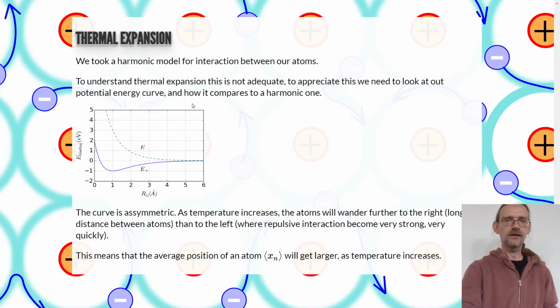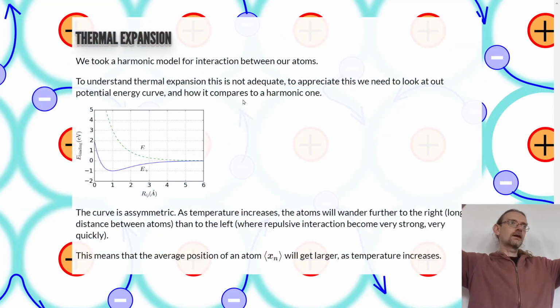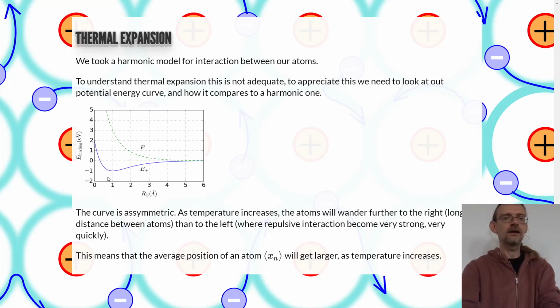And as a last thing I want to mention, the thermal expansion. So this model, we've got this harmonic quadratic thing. As you heat it up, the atoms will explore more and more of the potential energy surface. They can roll further up the hill either side.